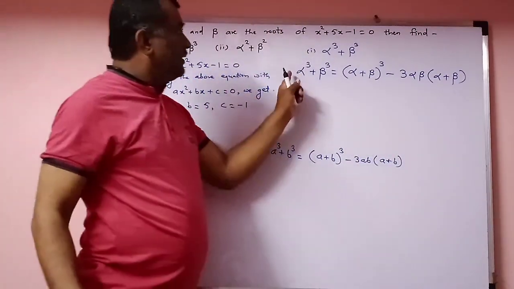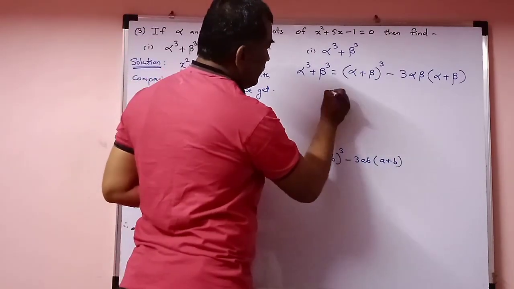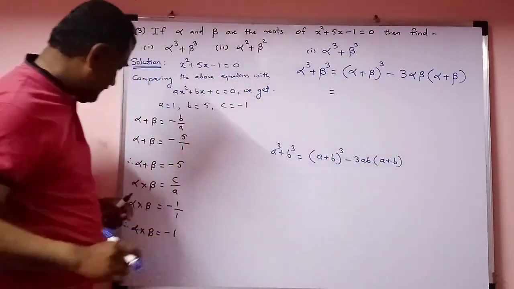From this we write alpha cube plus beta cube is equal to alpha plus beta.